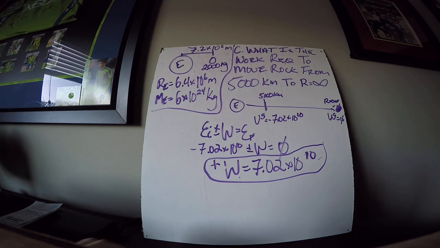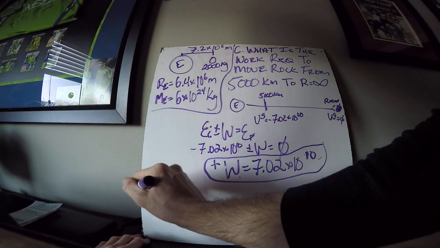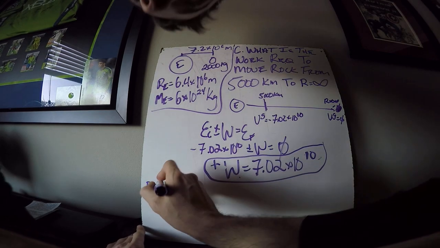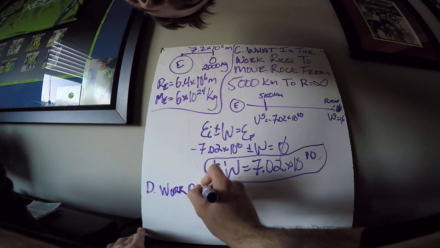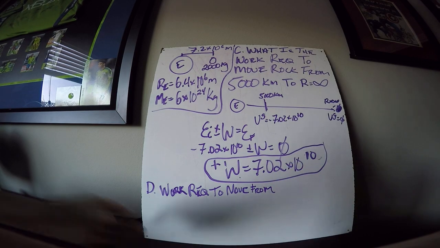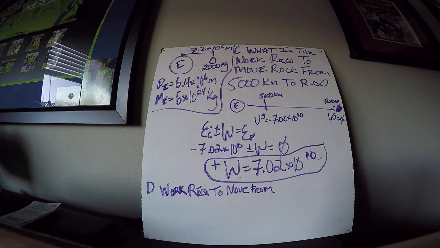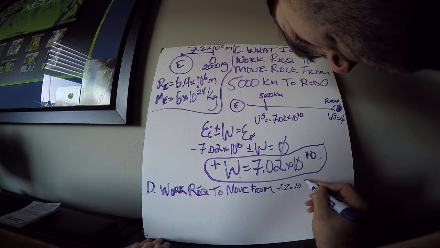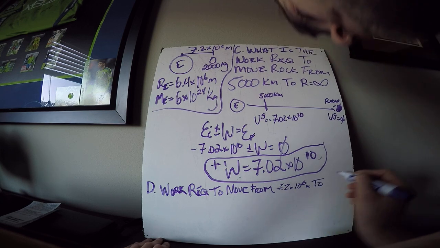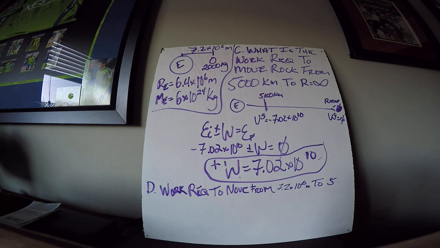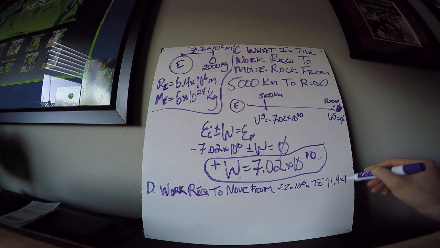Last but not least, part D. Part D says, what is the work required to move it from 7.2 times 10 to the 6th meters all the way to, sorry, 11.4 times 10 to the 6th.